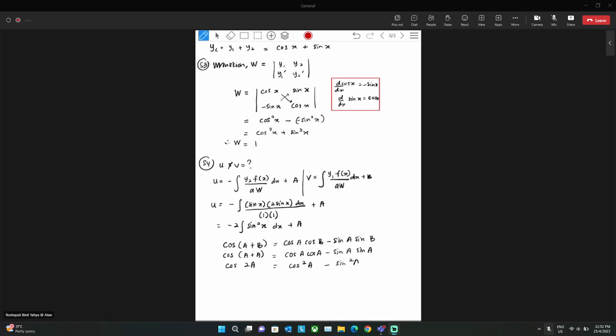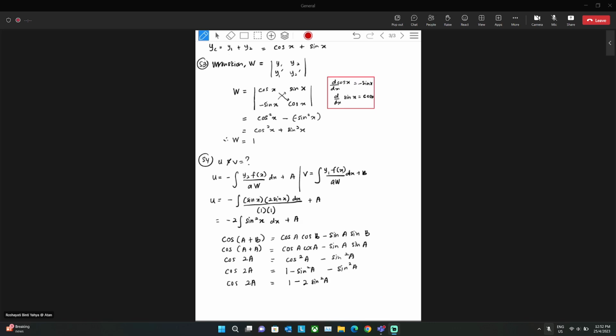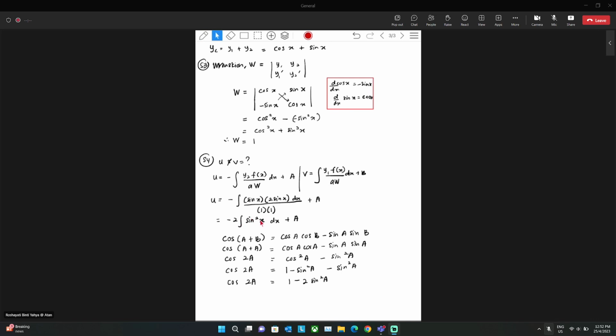So cos 2A, cos squared A we can change to 1 minus sine squared A, minus sine squared A. So this becomes cos 2A equal to 1 minus 2 sine squared A. So finally you can change your sine squared A: sine squared A equal to (1 minus cos 2A) over 2.